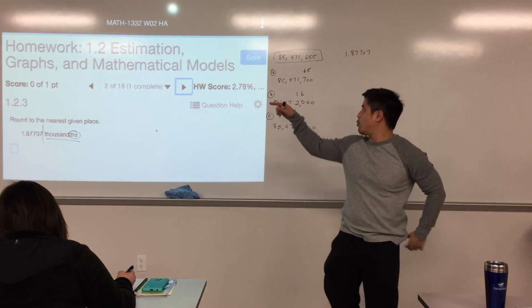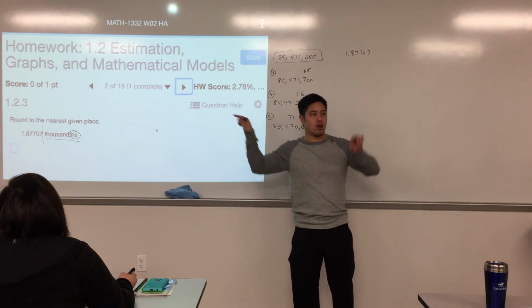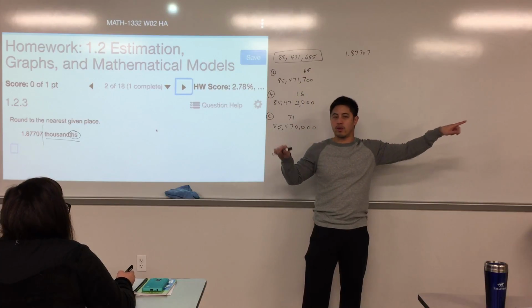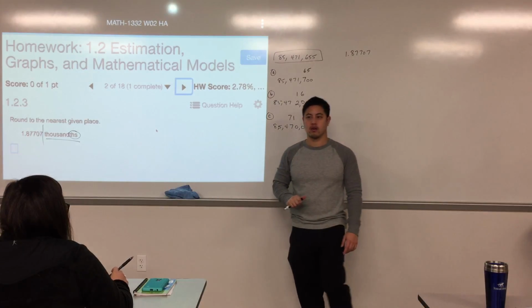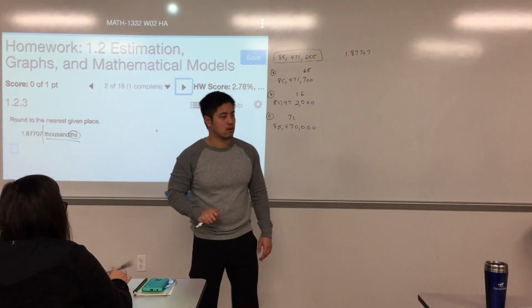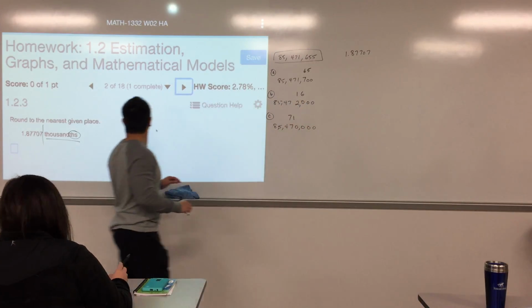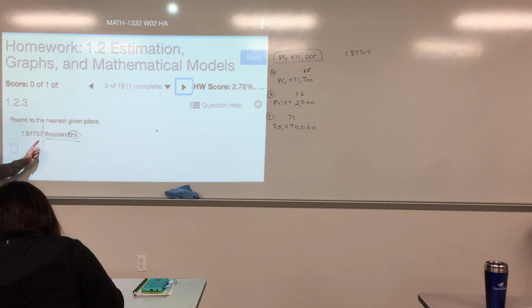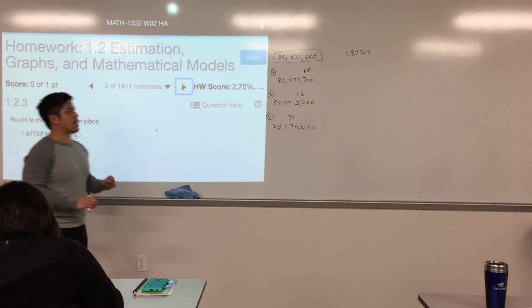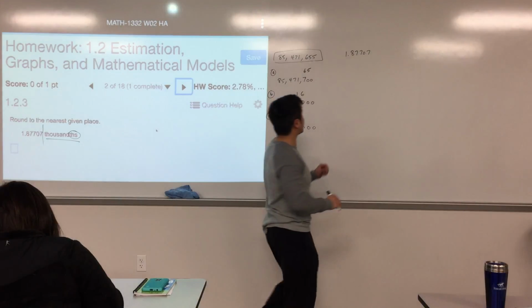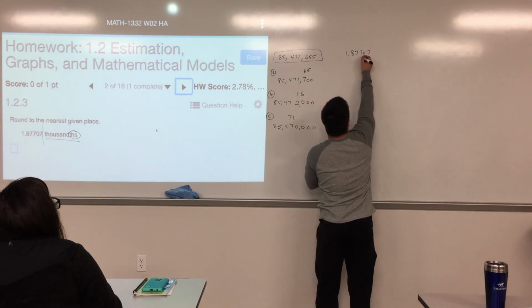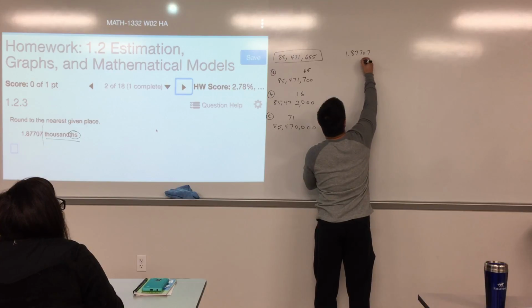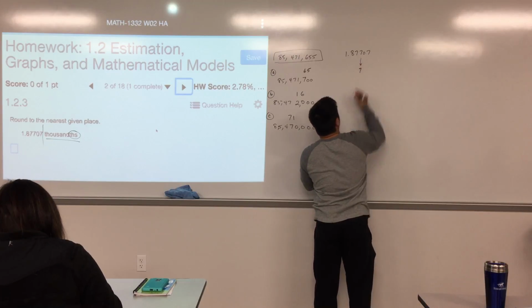It counts the same way as in this direction, but that way, with a THS and without starting with a ones place. So when they ask you to round to the thousandths, we need to go find the thousandths place. Where is that? Tenths, hundredths, thousandths. It's this 7 right here.